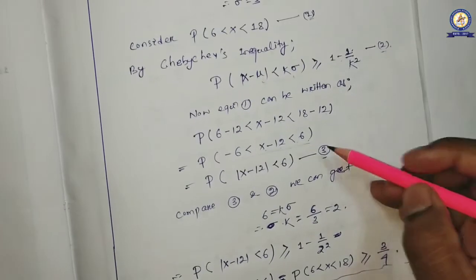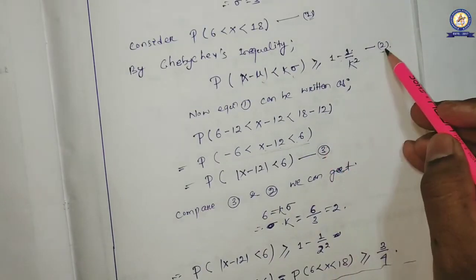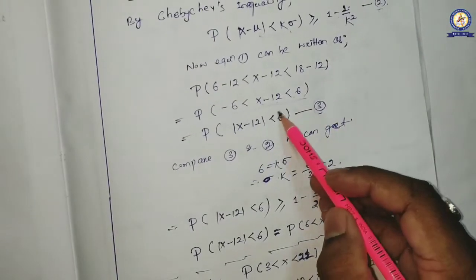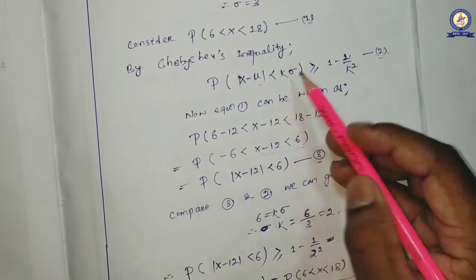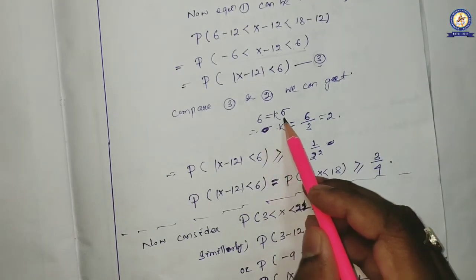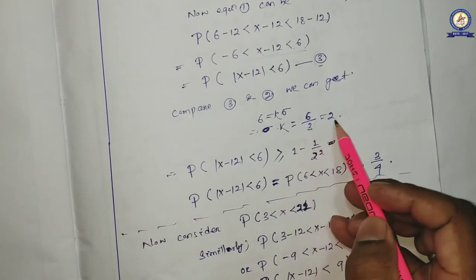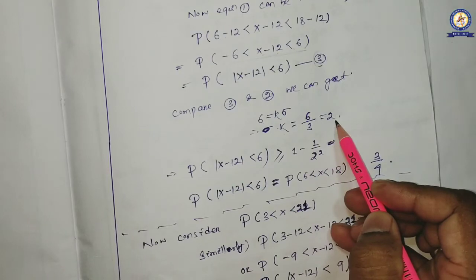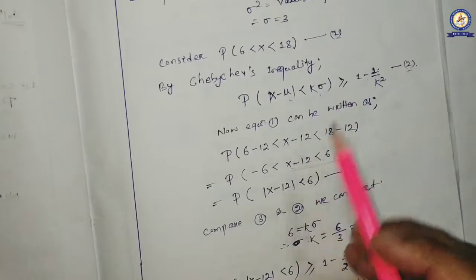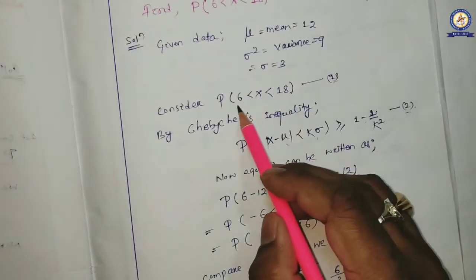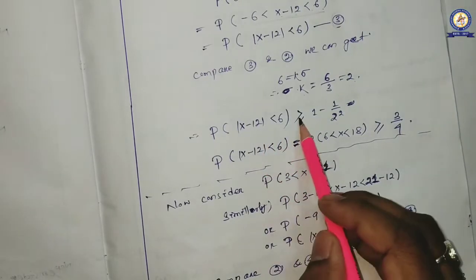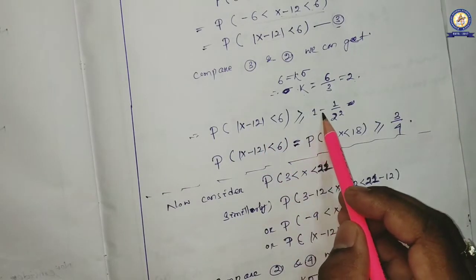Now you just compare this equation 3 and equation 2. We found that this 6 is nothing but your k sigma. So that implies if 6 is equal to k sigma, hence k will be equal to 2. Therefore the probability of this one, or you can say this one or this one, will be greater than or equal to 1 minus 1 by k square.